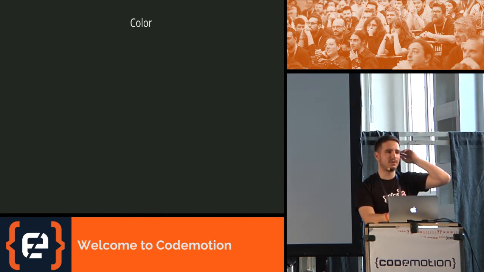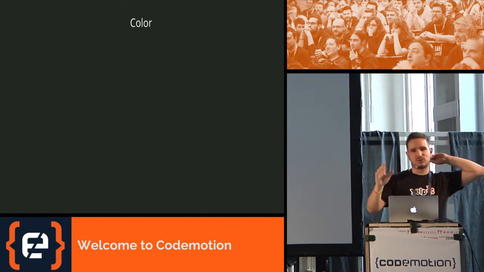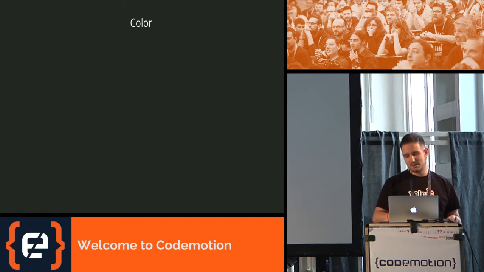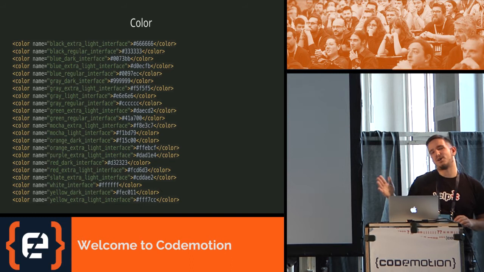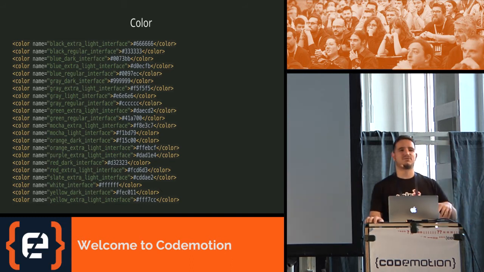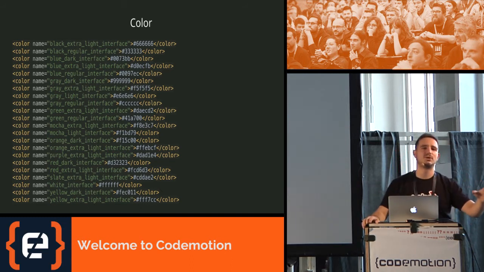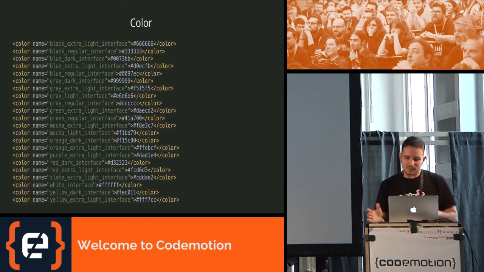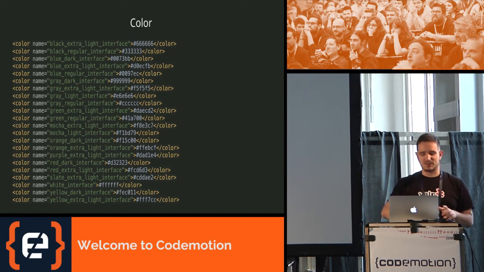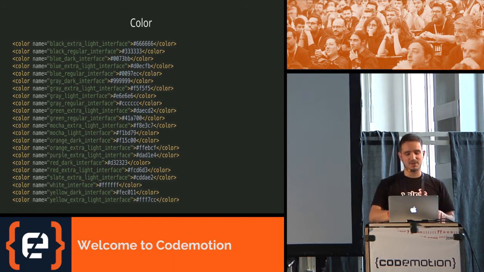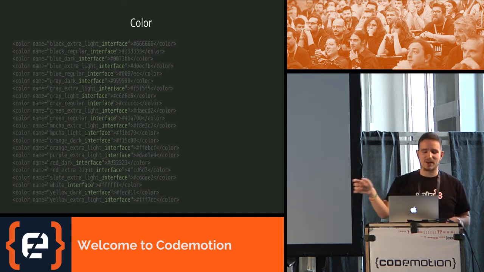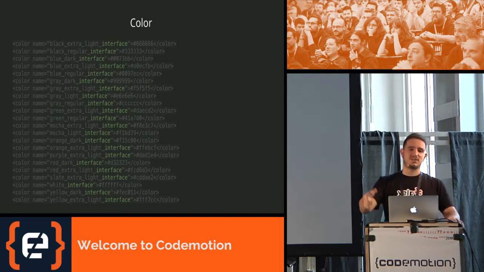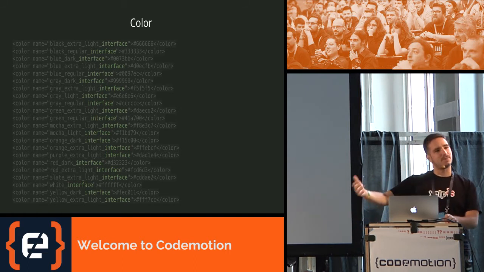So talking about the colors, as I said before, we wanted to restrict the color palette as much as we can. So this is our actual color palette. This is how we go from the style guide, from the designer's point of view, to the developer's point of view. To enforce the usage of only these colors, we decided to use a postfix for the name. So whatever has interface, like black extra light interface, is a color that is good to use because it comes from the palette.